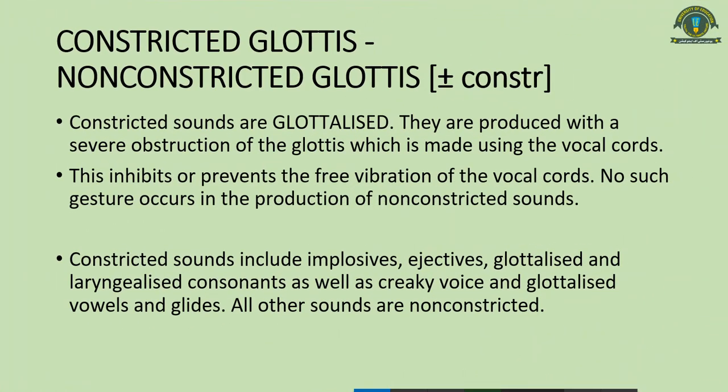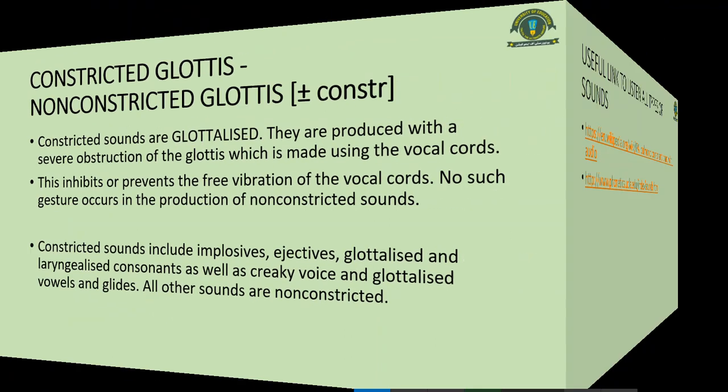Then constricted glottis. Constricted glottis will be there in the glottalized sounds, like the sound we just listened to. This sound is actually present in Arabic. All other sounds are non-constricted. You can listen to these implosives, ejectives and glottalized sounds from the second link which has been shared on the last slide.